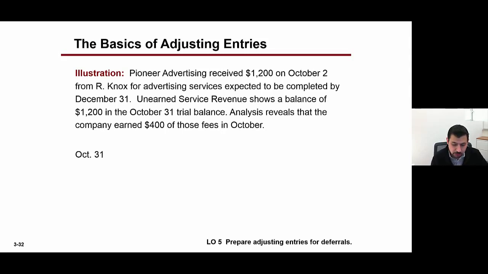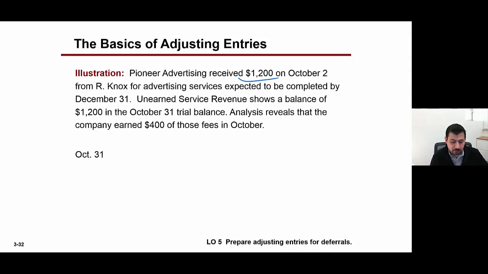So the original amount, they received cash $1,200, and the original entry would include receipt of cash, so cash was debited $1,200, and we had an increase in liability, the liability account unearned service revenue, which was for $1,200.